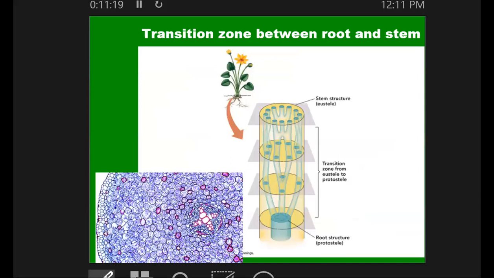Once someone showed me this, like, oh, so down low here, you have the root tissue where they're trying to show that plus configuration of the xylem, and phloem is in the corners. And then there's a region right between the root and the stem that they call the transition zone. And what you see is this gradual shifting into the circular ring of tissue.